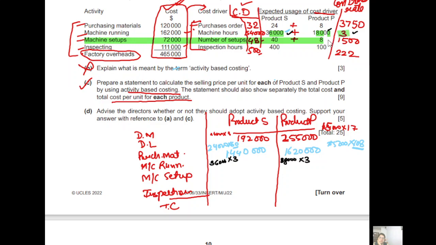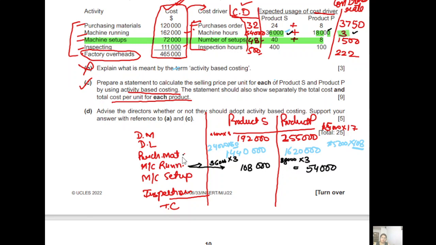Purchase material is left, we are going to solve it. So machine running is 36,000 times 3, then 18,000 times 3. If you multiply this, it is 108,000, and 18,000 into 3 is 54,000.